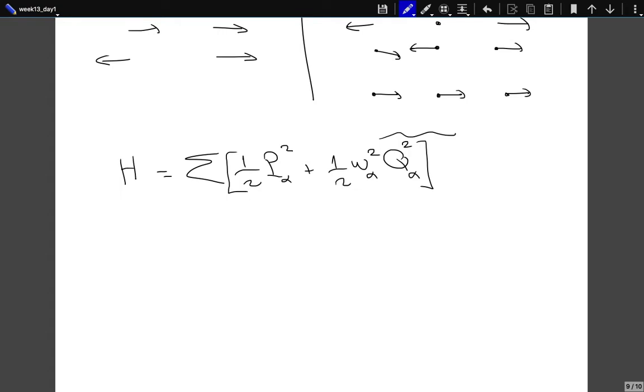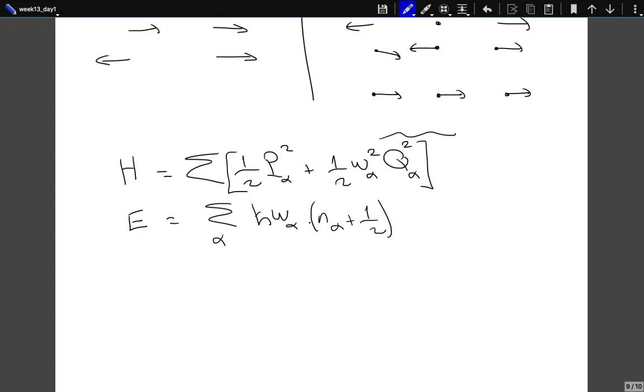But you see, if you quantize this system, this is nothing but a collection of harmonic oscillators. So the energy eigenvalues for this system will be nothing but the sum over all alpha of h bar omega alpha times (n alpha plus 1/2). But this is almost exactly the same thing as our photon gas.